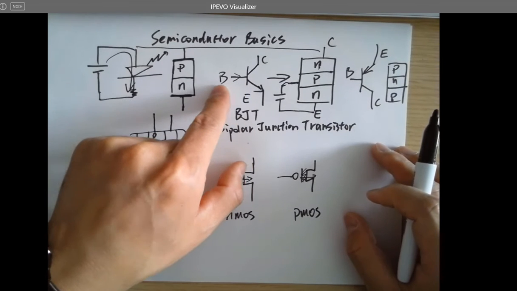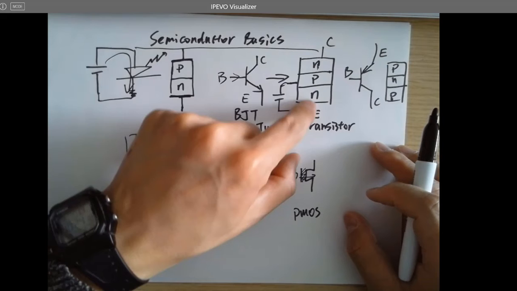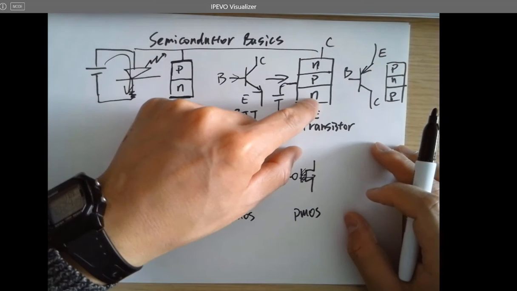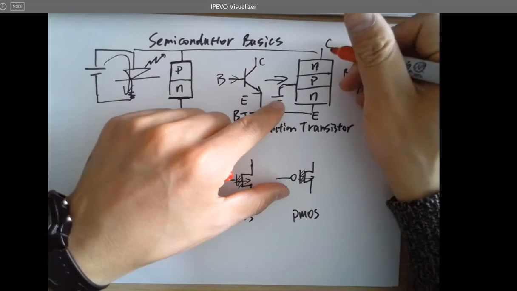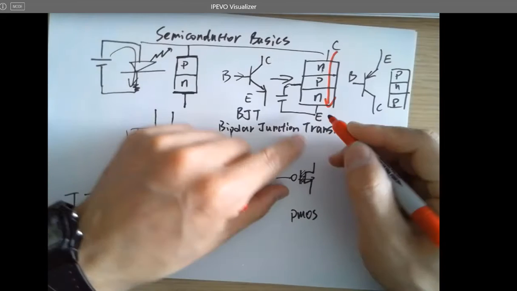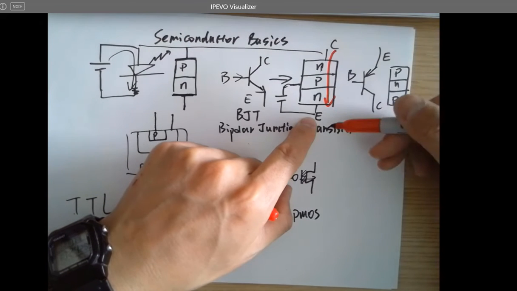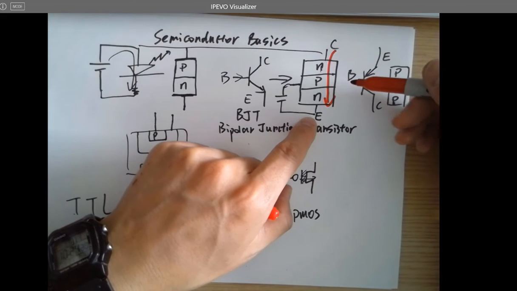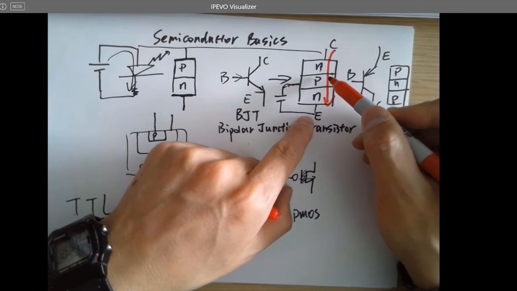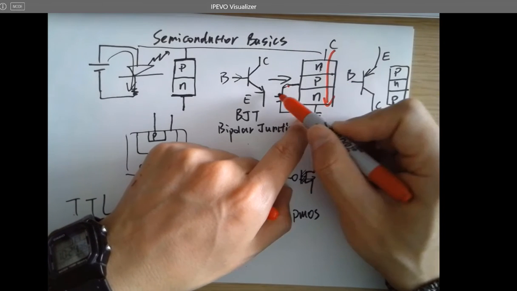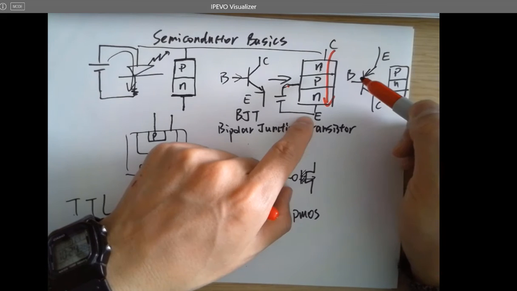This is called the base. Whenever current flows into it, it induces a current amplification from the collector flowing to the emitter. So you get a current flow in that direction and it is amplified. So it is actually a current controlled current source. Right? It's a current controlled current source for BJTs.